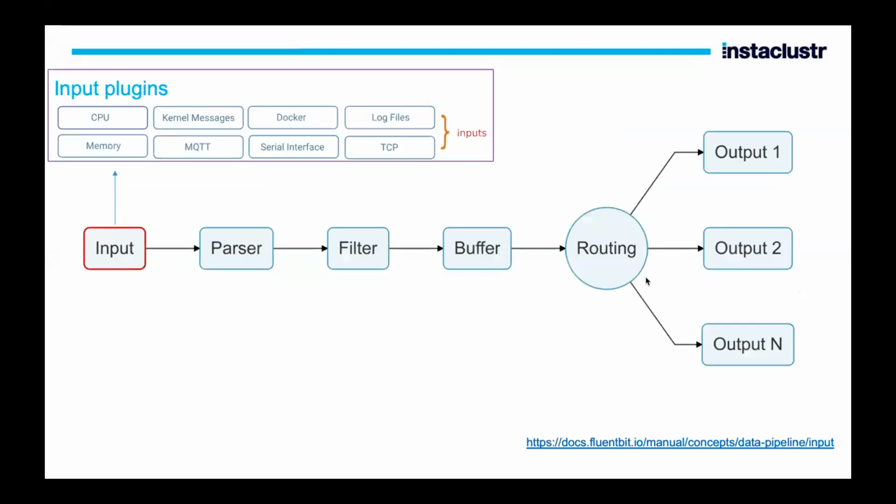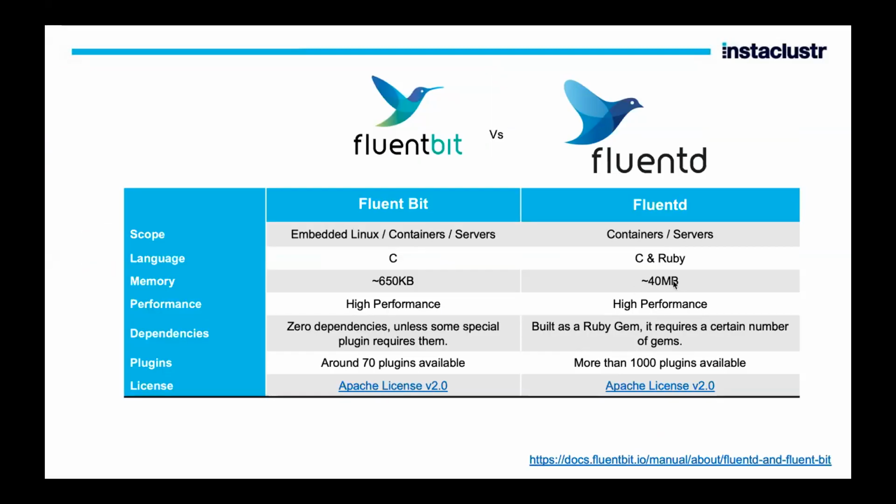It uses 40 MB of memory to deploy, and it's written in C and Ruby. On the other hand, Fluent Bit is very lightweight, as I said. It's written in C, only consumes 650 kilobytes, and has around 70 plugins, enough from a Kubernetes perspective. So for Kubernetes log monitoring, Fluent Bit is now the go-to open source product.